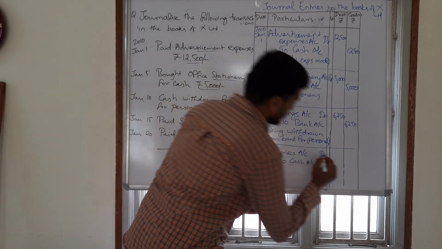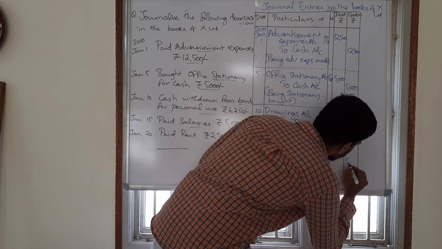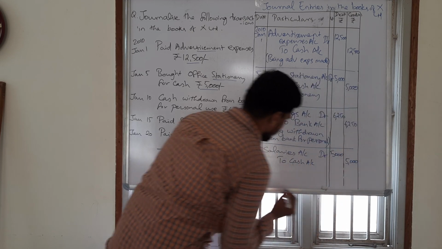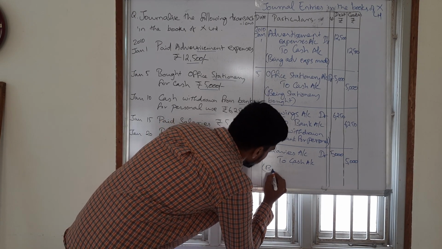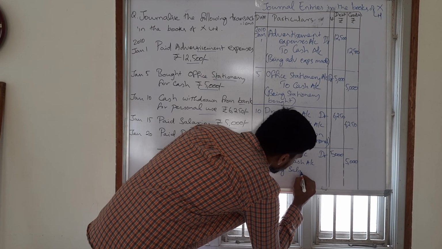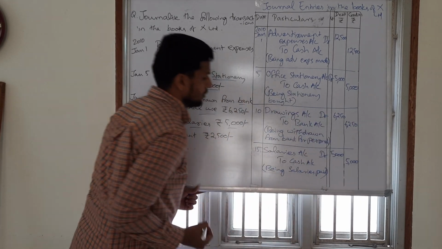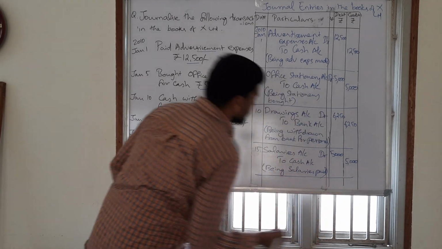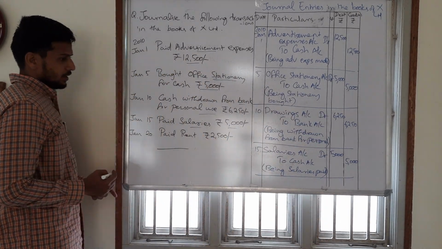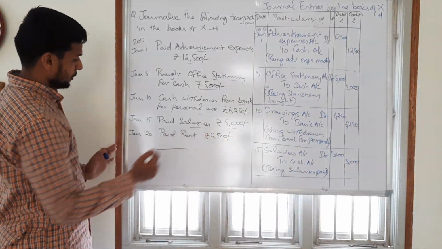How much? 5,000. Being salaries paid. Okay. So the next transaction has been completed. And then we come on this side, as there is no space there.